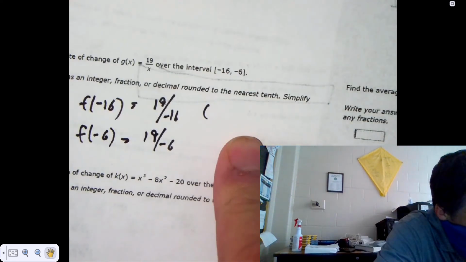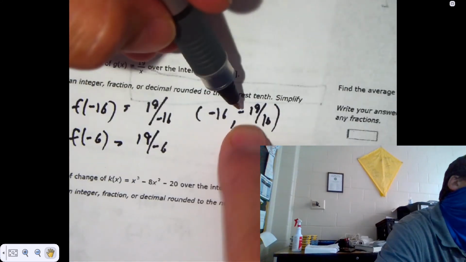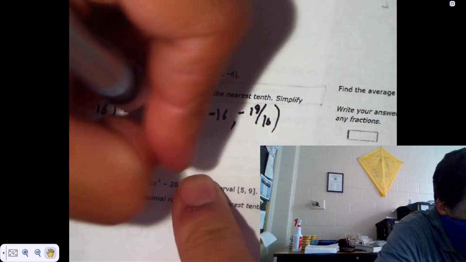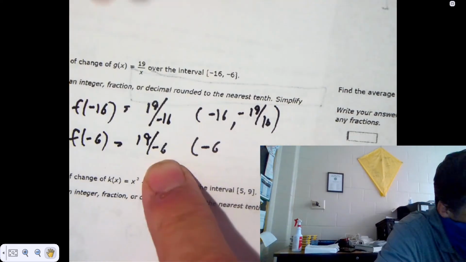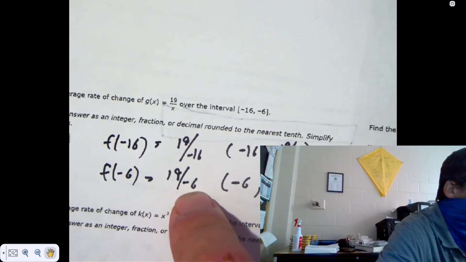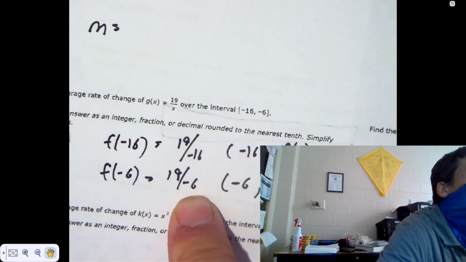Now what I did is I created the ordered pair negative 16 and negative 19 sixteenths. Remember, negative symbols belong in the numerator. I also created the ordered pair negative 6 and negative 19 sixths. So now I'll find that average rate of change, which is just a fancy word for slope.